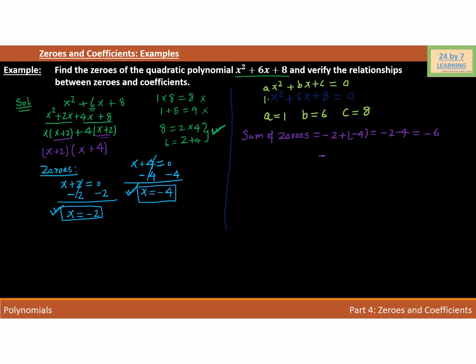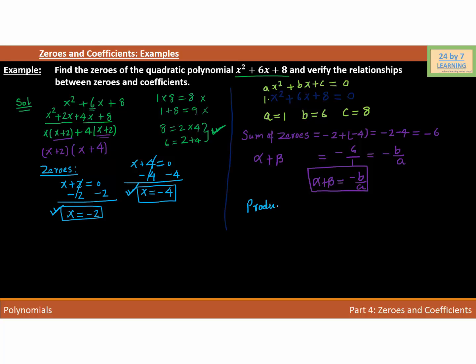And I can rewrite -6 as -6 over 1. As you can see, 6 is equal to b, so I'm going to write that as negative b, and my a is 1, so I will replace 1 by a. So this will be negative b over a. So I can easily say that the sum of the zeros, alpha plus beta, is equal to negative b over a.